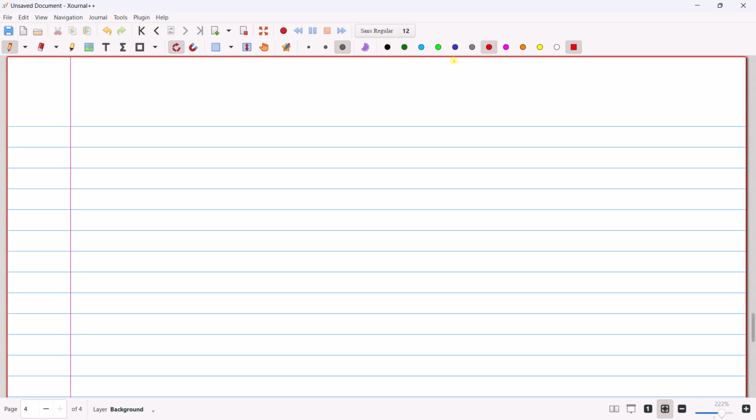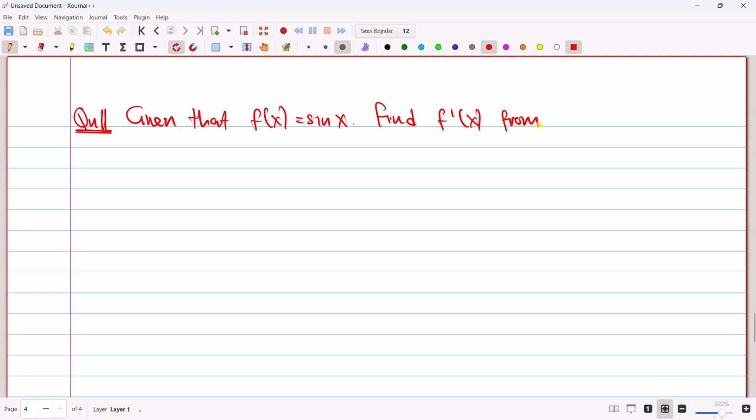At times you can be given something like this: given that f of x is equal to sine x, find f prime of x from first principles. So how can we calculate this from first principles?